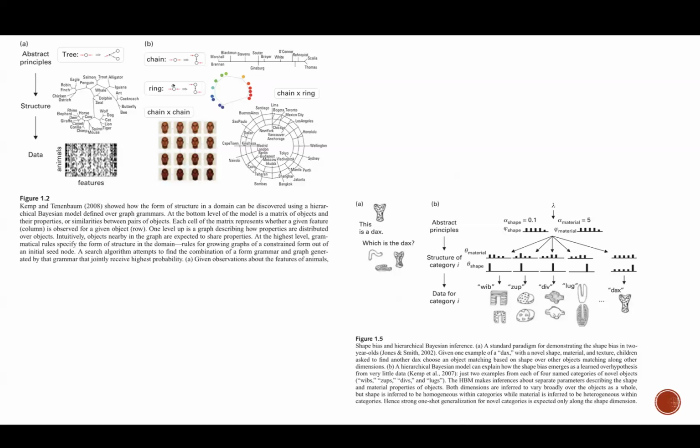And then they show them different objects, some that have the same shape but different texture, some that have the same texture but different shape, and try to see which children generalize the name to. And again, that can work over time, having priors for the shape, determining the ducks, the different materials determining the ducks, and the importance of shape and materials.